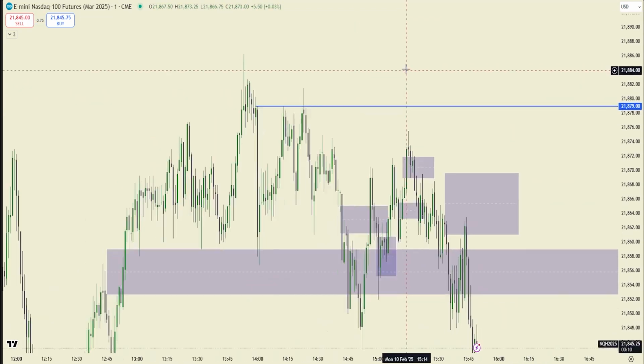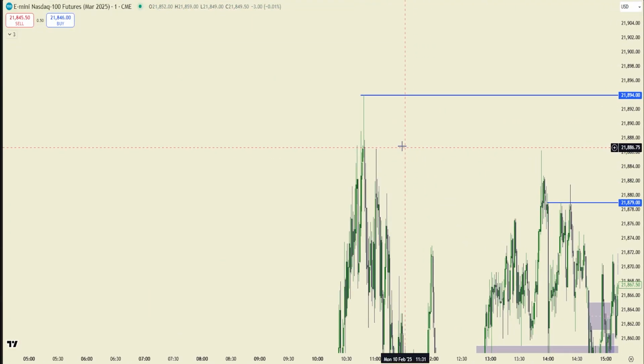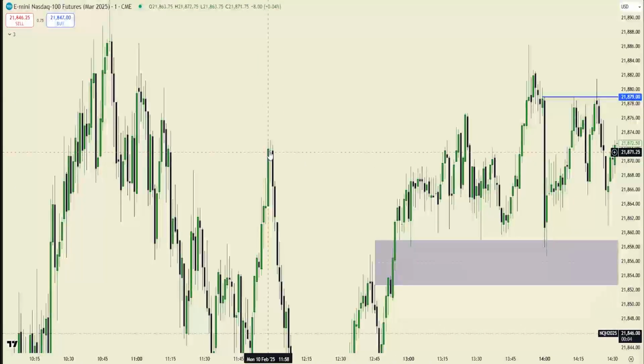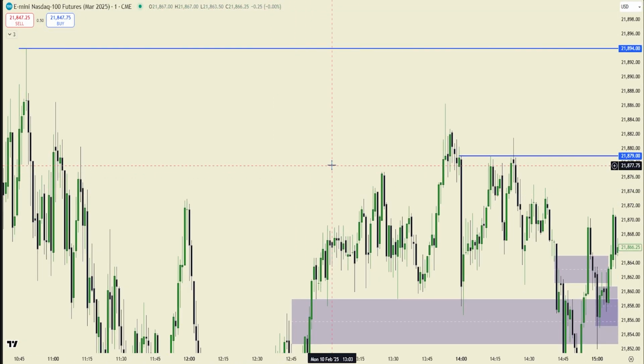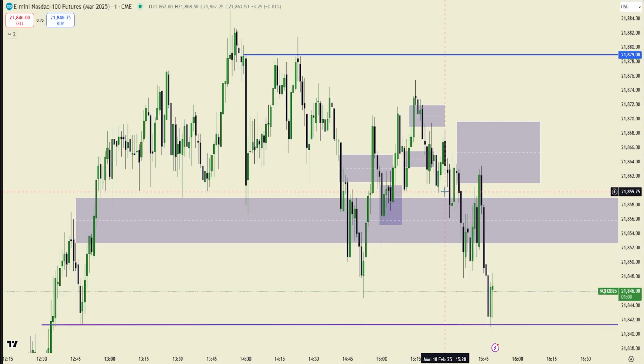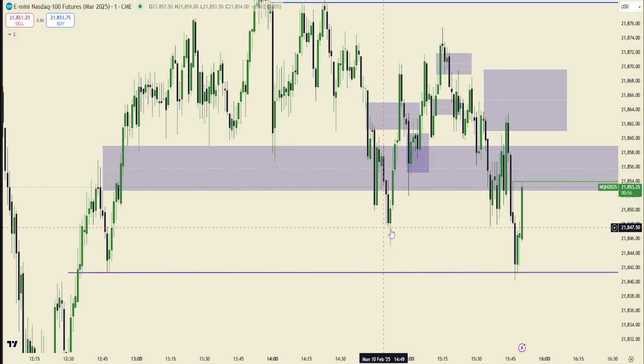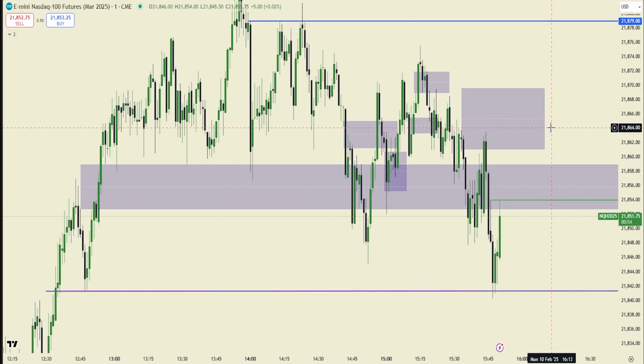So equal lows and equal highs that are spread apart, like let's say these ones here, are significantly better than, let's say, equal highs here. Equal highs that are inside of a fair value gap are way better than equal lows that are side by side, right? So that's another thing to worry about, just the quality of the equal highs and equal lows when you're looking at them on top of the time frame.